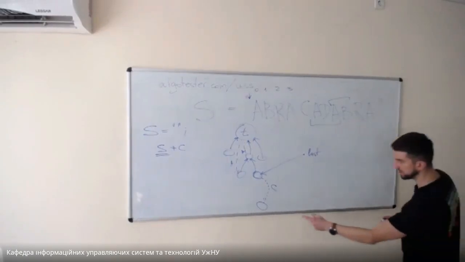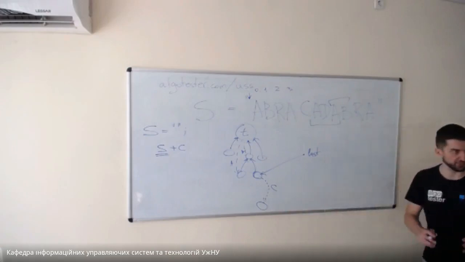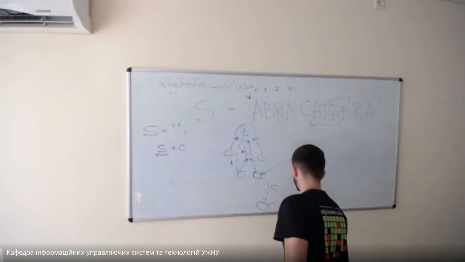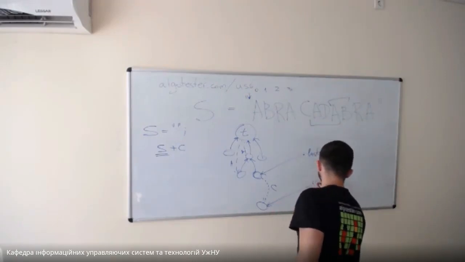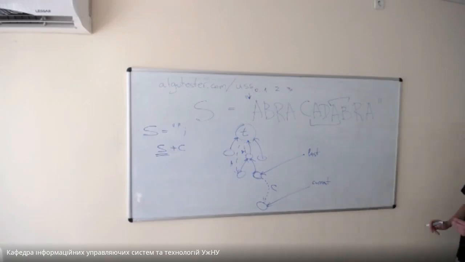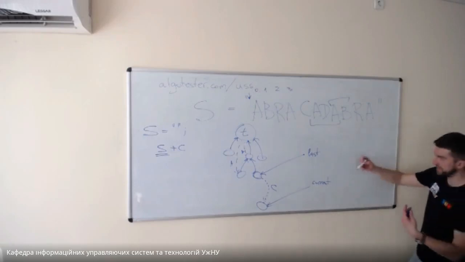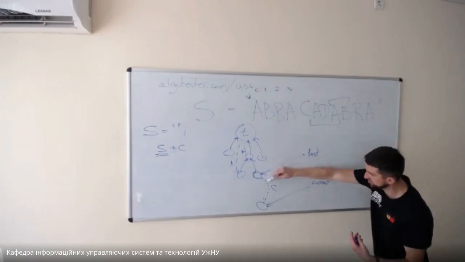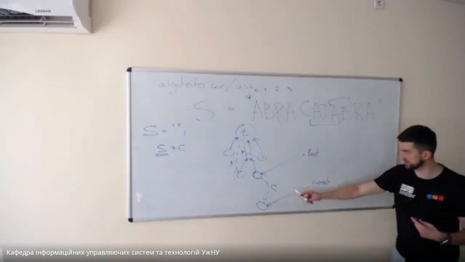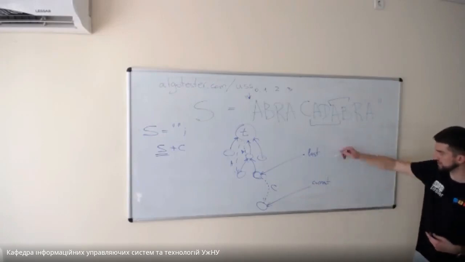We will add a new vertex, a new class of equivalence. Let's call it current. And then let's add a transition, an edge, with letter C on it from last to current.